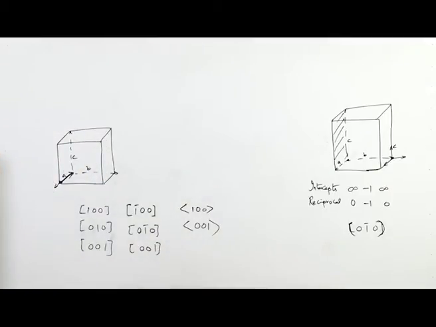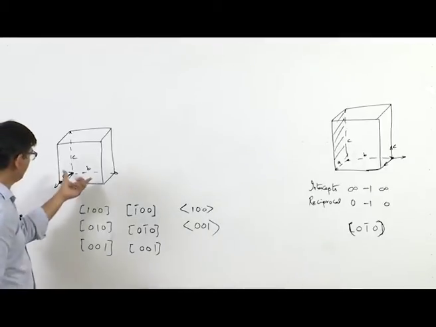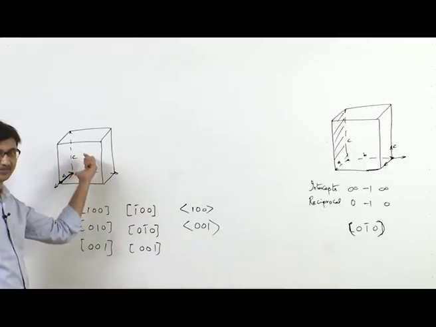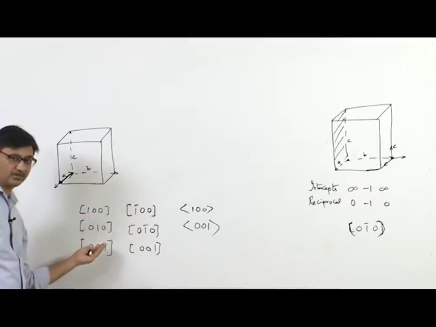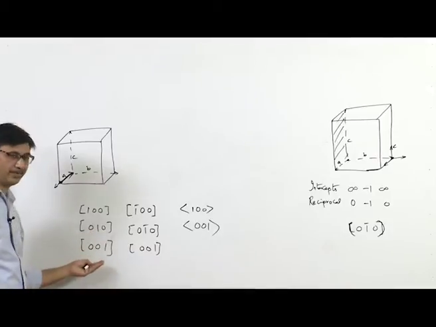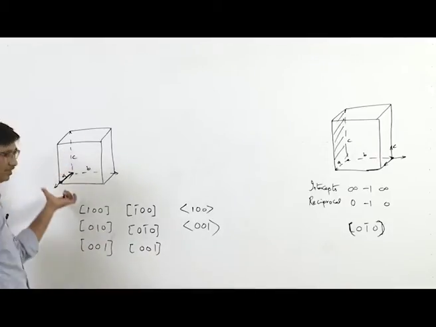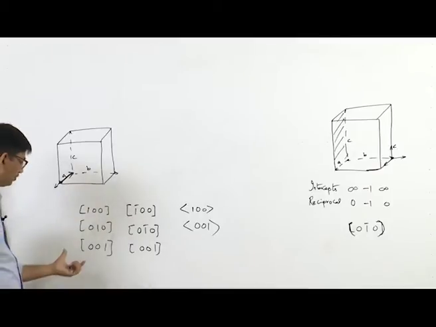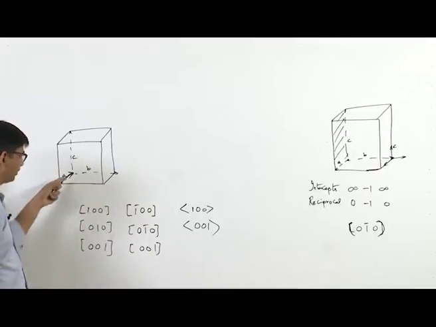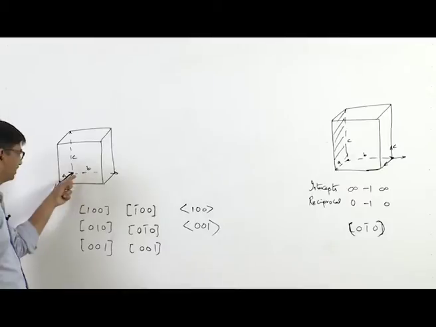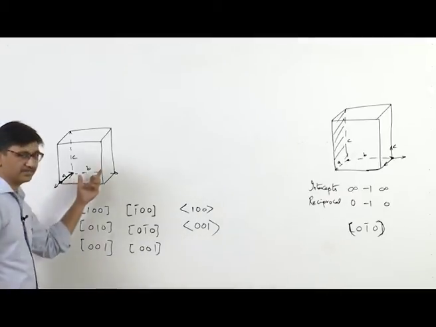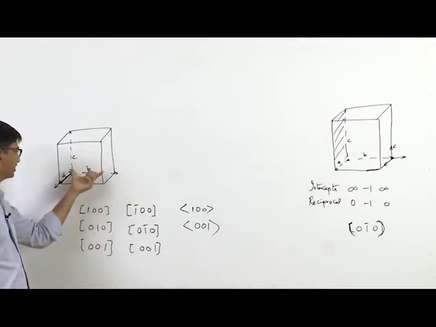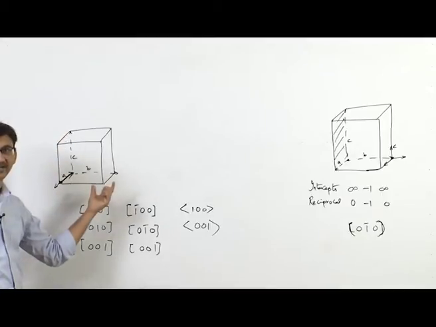Why are we interested in a family of directions? Because if I just change the orientation of this particular unit cell, 1 0 0 may become 0 1 0, or 0 1 0 may become 0 0 1. And if you see the properties, for any property along these directions, all directions are the same, because their interatomic distance will be the same in all these 3 directions.